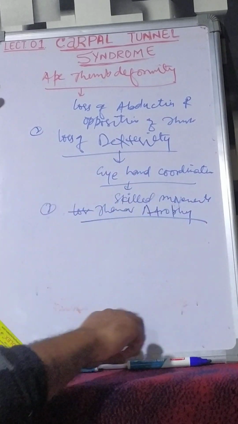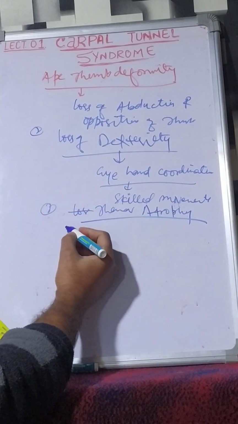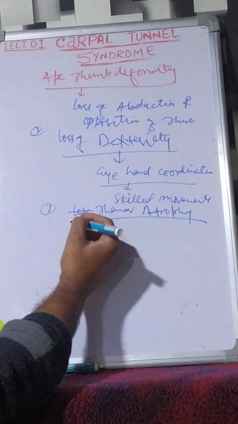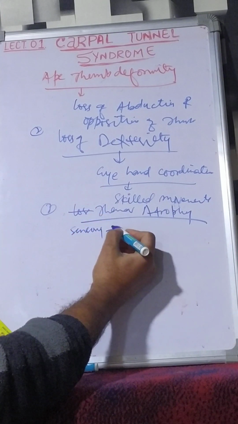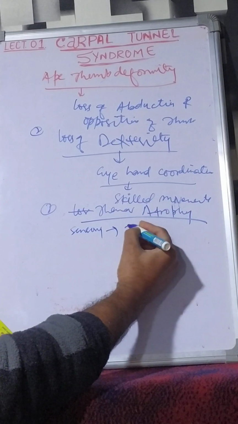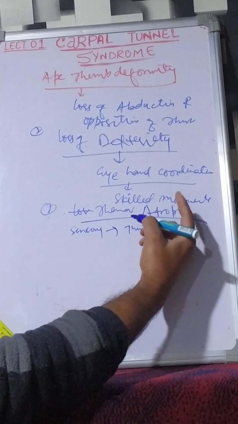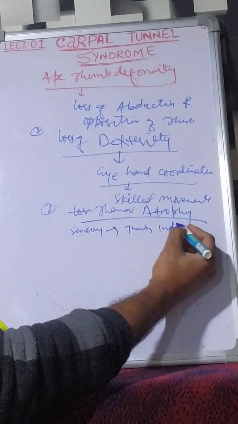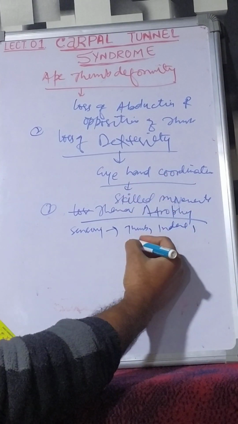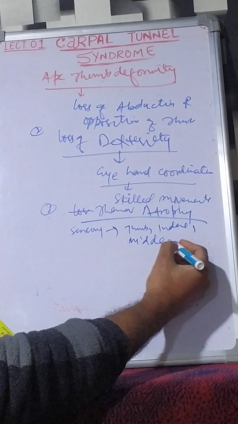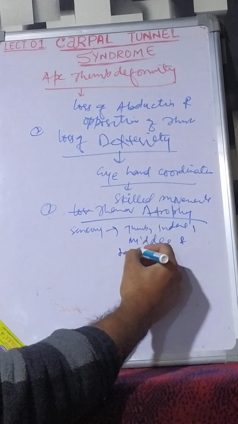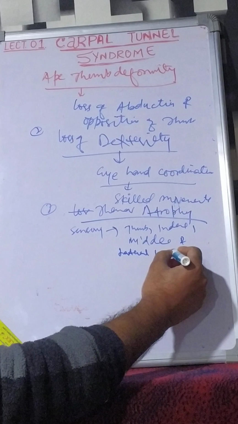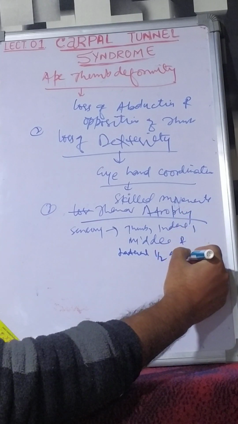Your median nerve gives sensory supply to the thumb, index, middle, and lateral half of the ring finger.